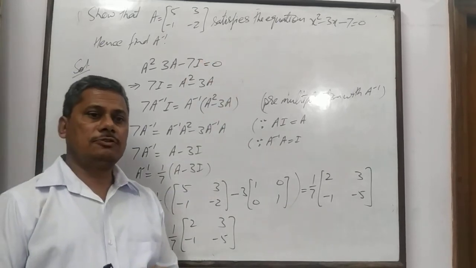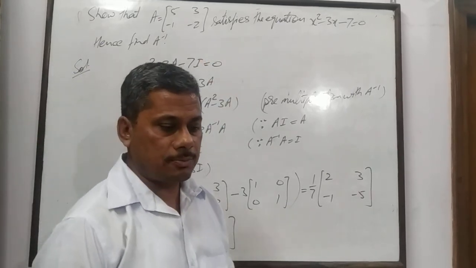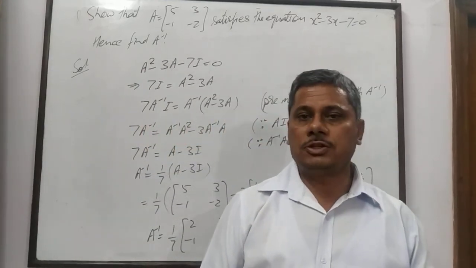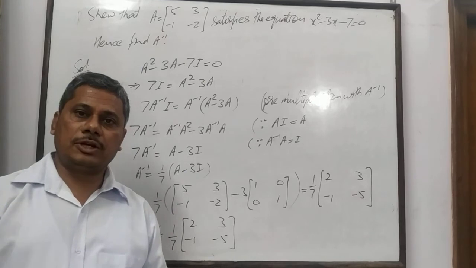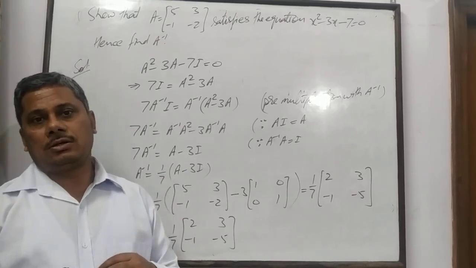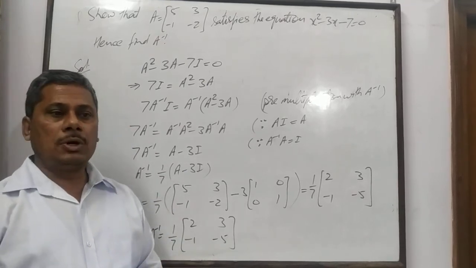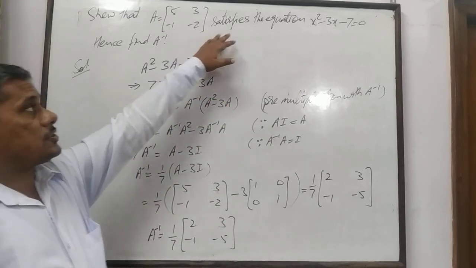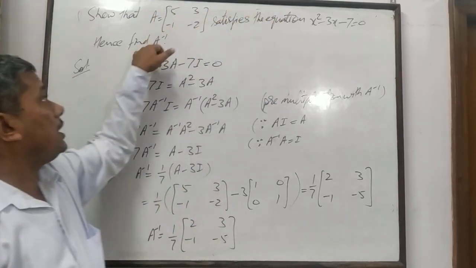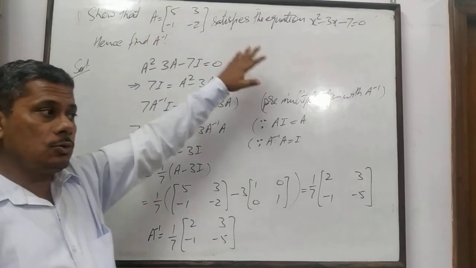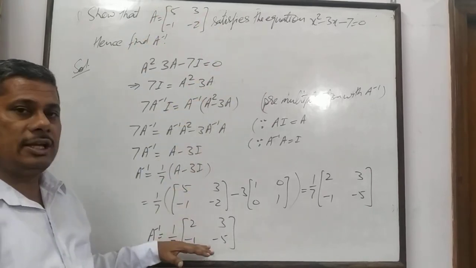Now the question is, if the question comes in an exam to find the inverse, which method is to be used? If it is simply asked to find the inverse of the matrix, then you can use any of the methods. But if you have been asked to solve the equation and hence find the inverse, then you need to use the equation to find the inverse.